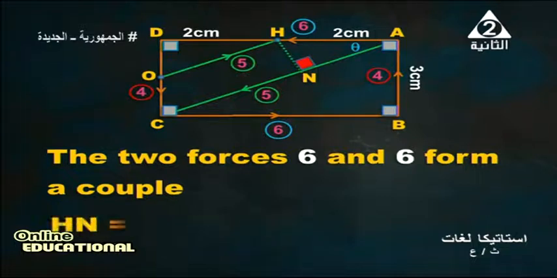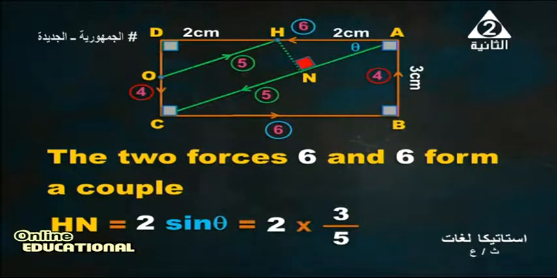Number 3: we know that HN equals 2 sine theta in triangle AHN. HN is opposite to angle theta. Therefore, HN equals 2 sine theta, 2 times 3 over 5. We know that sine theta equals AB over AC, 3 over 5.